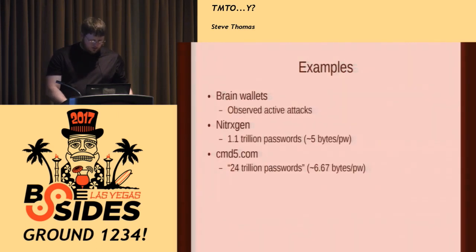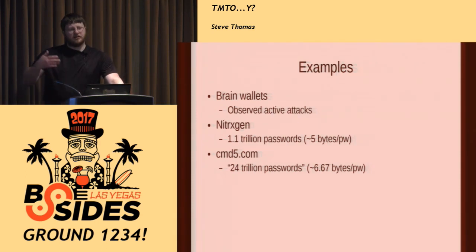Anyways, examples of this in the real world. Brain wallet cracking. Ryan C. did a talk earlier. He actually observed people. He would put bitcoins, not money, bitcoins into a wallet, and then he would notice that it would be removed really fast.